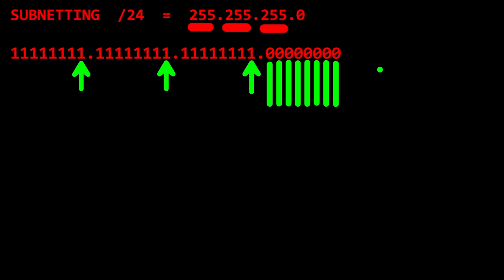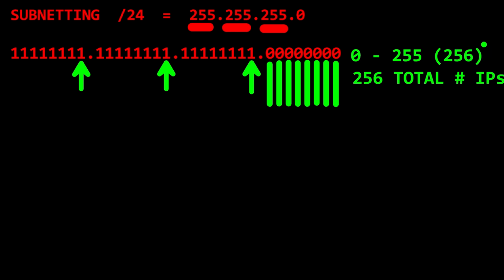But remember, we're including 0, so 0 through 255 is 256 total numbers. So we can't use the number 256 in IP addresses or subnet masks, but it's really the secret total value.